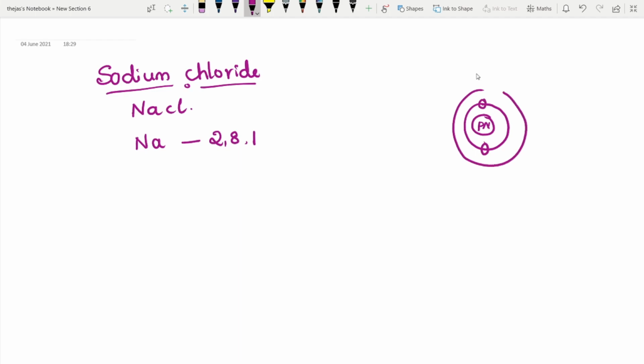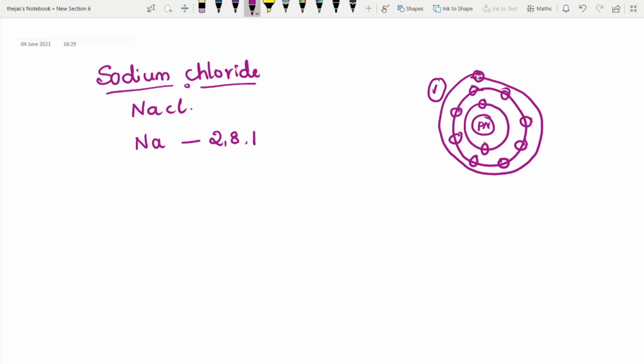Then in the second orbit, as we know, 8 electrons are revolving in the orbit. These are the 8 electrons. Then at the outermost shell in the sodium, we can find only 1 electron. There is only 1 electron in the outermost shell.